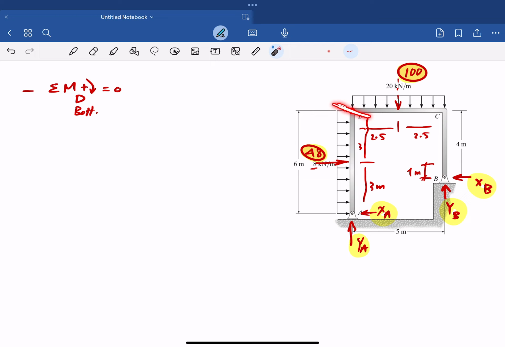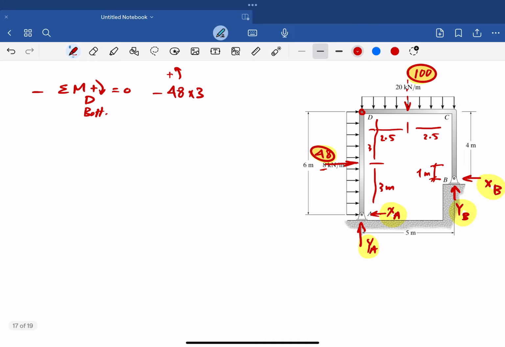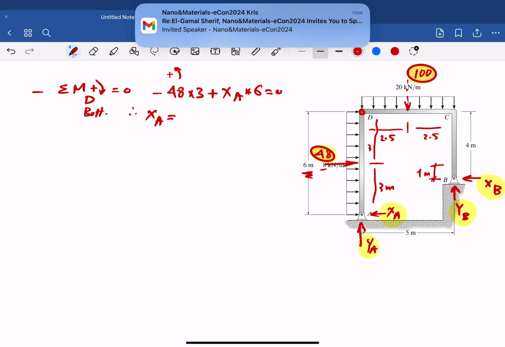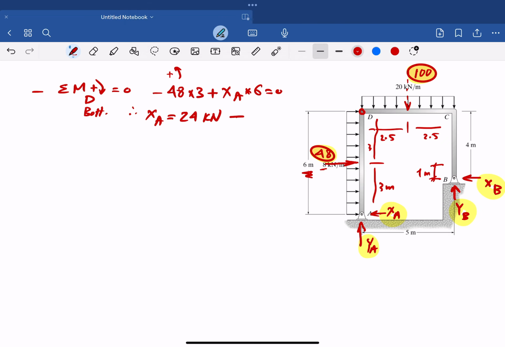So taking a moment here, this one will be minus 48 times 3, because this is opposite to what we assumed, plus XA times, this is 6 meters, equals to 0. And from here we can get the XA equals 48 times 3 divided by 6. So 48 times 3 divided by 6, so it will be 24 kilonewton. This is 24 kilonewton going to the left as we assume.